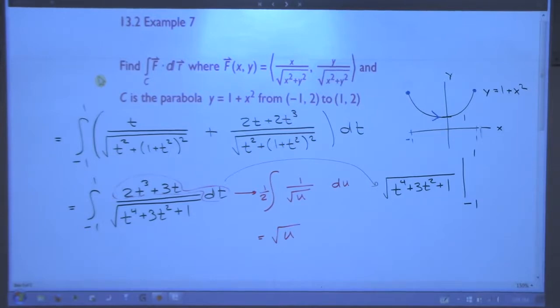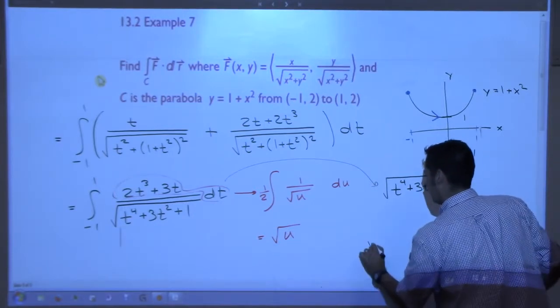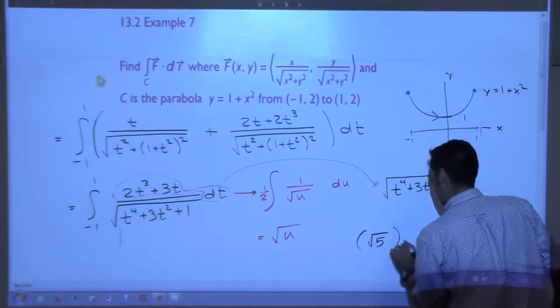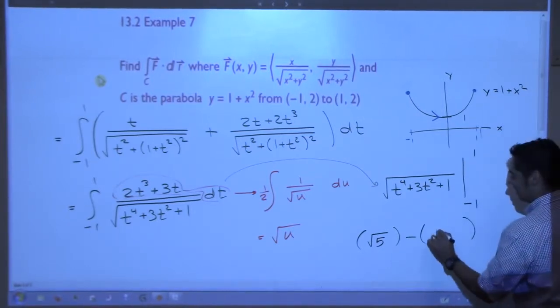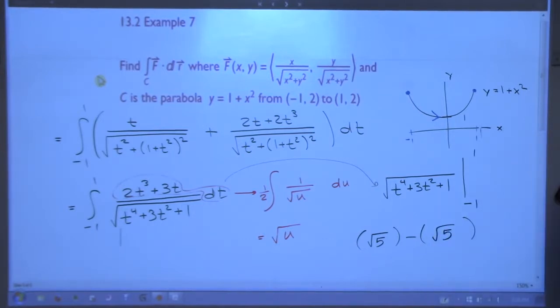Plug in 1. What do you get? Root 5? Minus, plug in -1. Root 5. Zero.